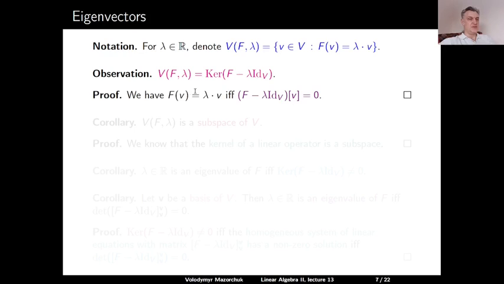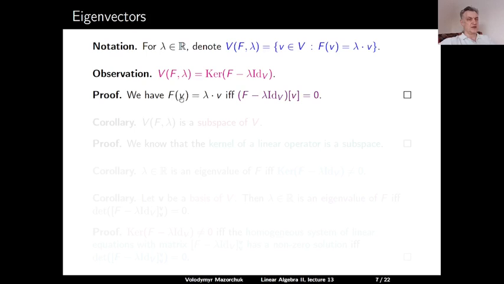Proof: we just rewrite the condition f of v is equal to lambda v. This is a condition which defines an eigenvector. We move lambda v to the left and write lambda v as lambda times the identity of v applied to v, and then f of v minus lambda v can be written as f minus lambda times identity of v applied to v.